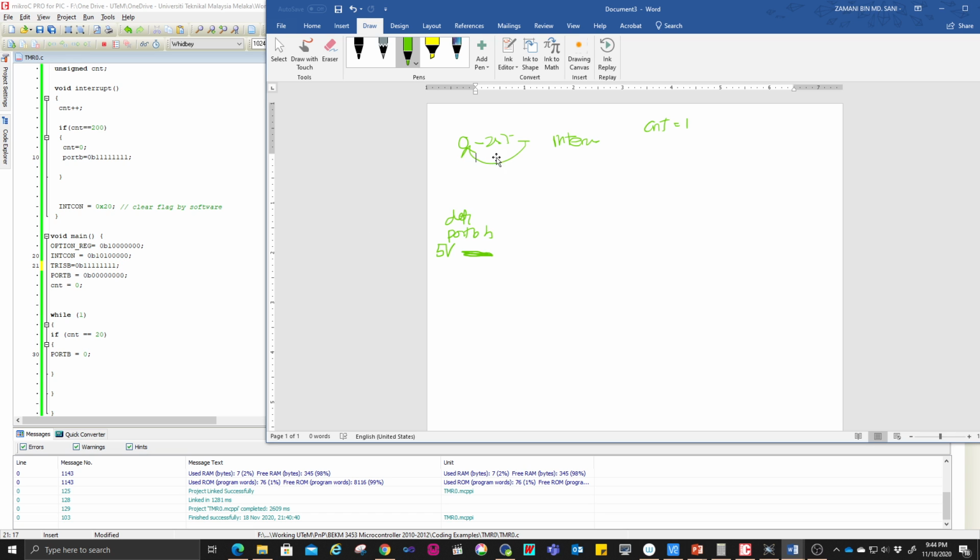Do the same again: go up here and then count up to 2. Count is equivalent to 2, right? Then check if count is 200. No. It will go up here and keep on repeating until your count is equivalent to 20. So right now, what happens is your port B is going to be changed to 0.